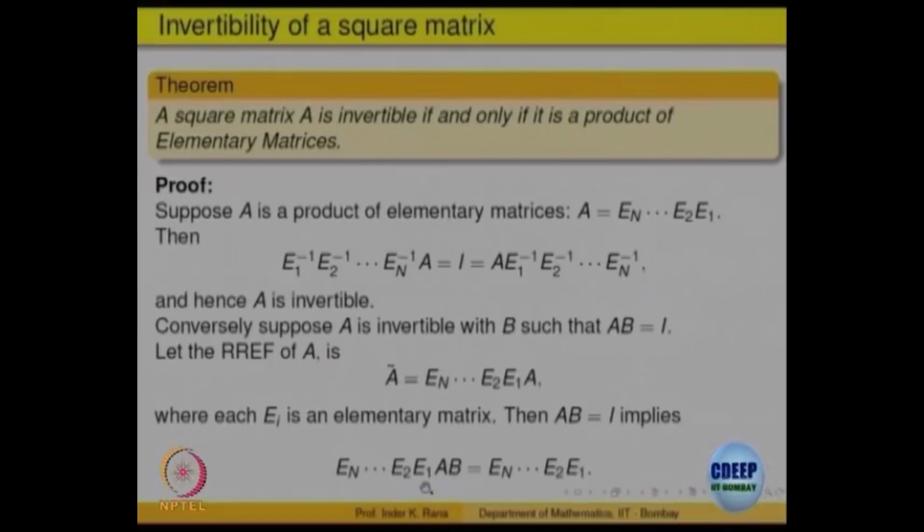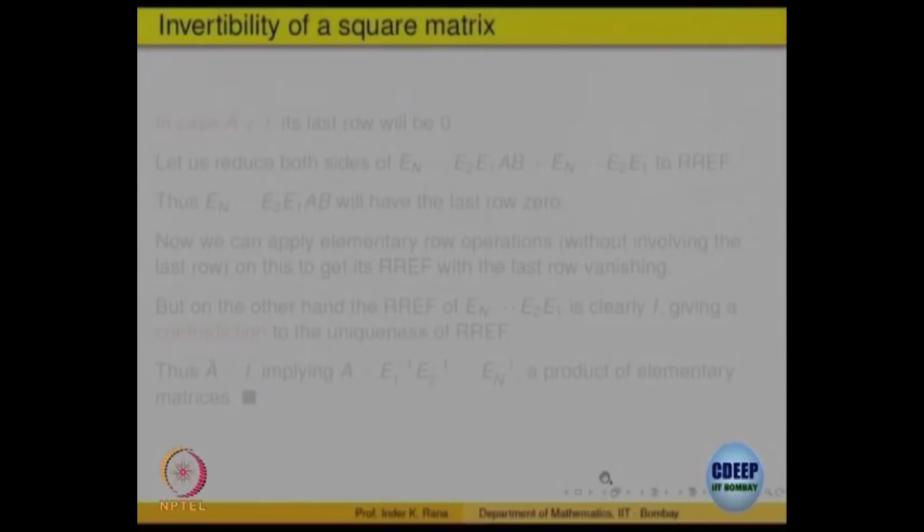Now what we will do is look at the left hand side and the right hand side and look at their row echelon forms. There are two possibilities. One is that the row echelon form of A is not equal to identity. That will mean at least the bottom row is equal to 0, right.